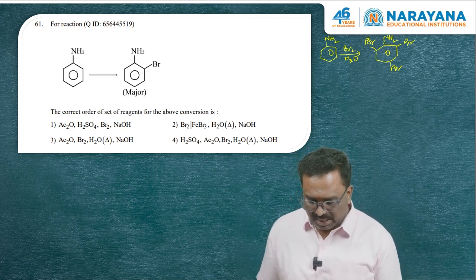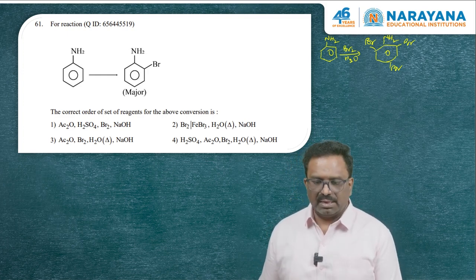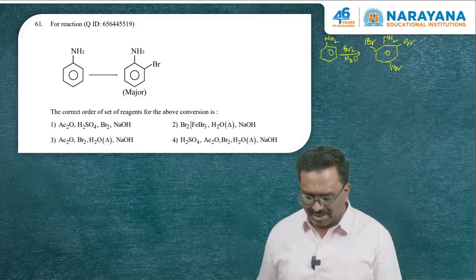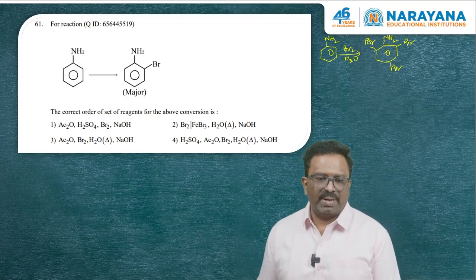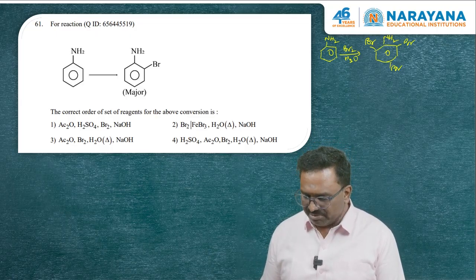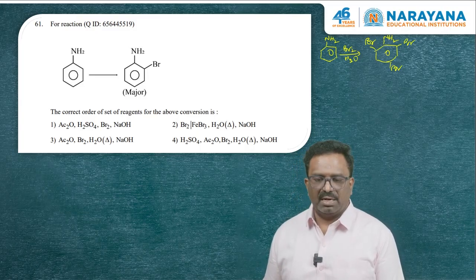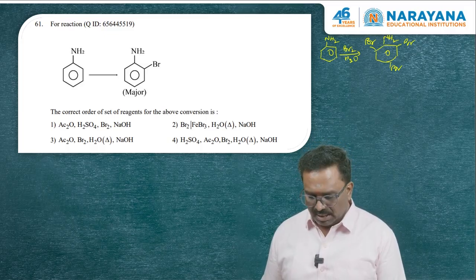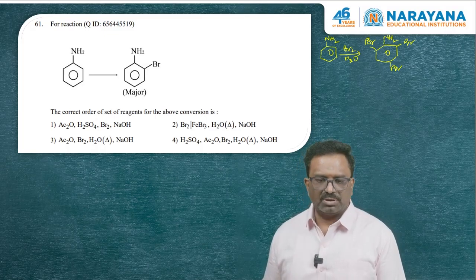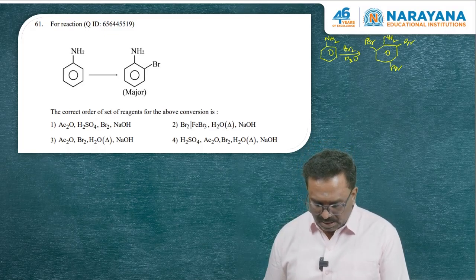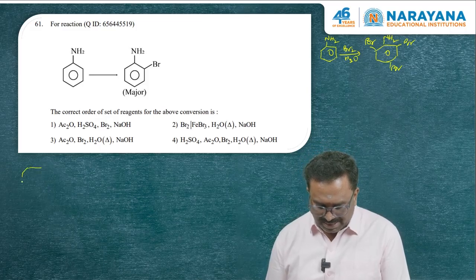Even by having any substituent at ortho, the priority of the substitution will shift towards the para. So we should carefully identify how the reaction can be carried out to shift that electrophile Br plus towards only ortho.